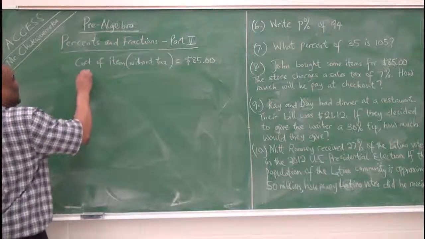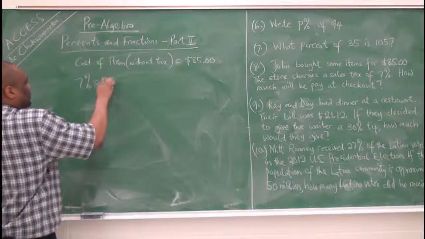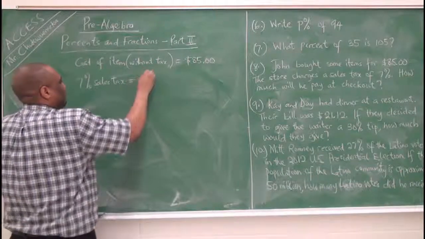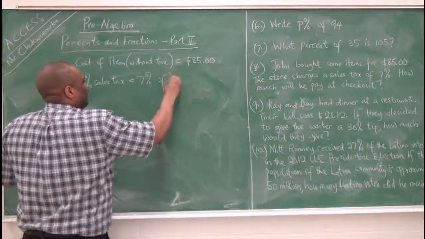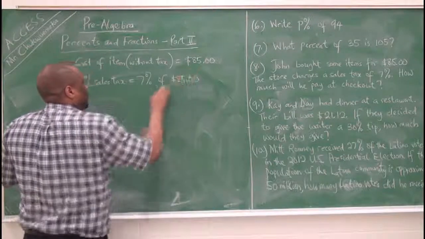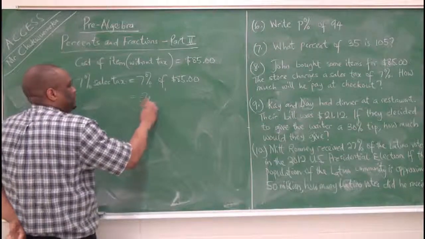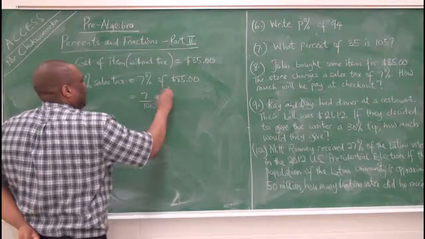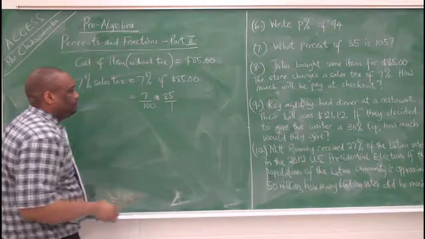Now 7% sales tax will be 7% of $85. And that will give you 7 out of 100, because 7% means 7 out of 100, times 85 over 1.